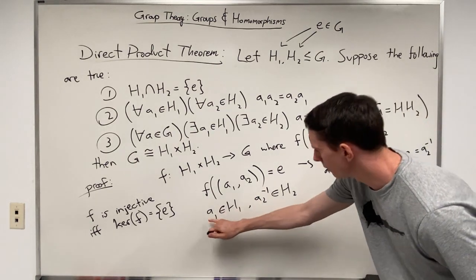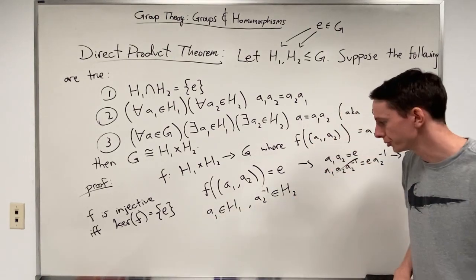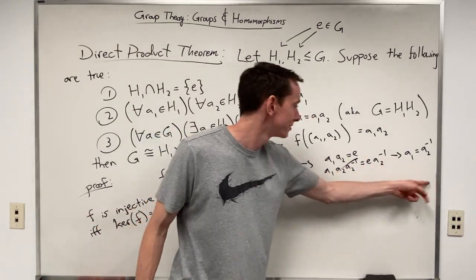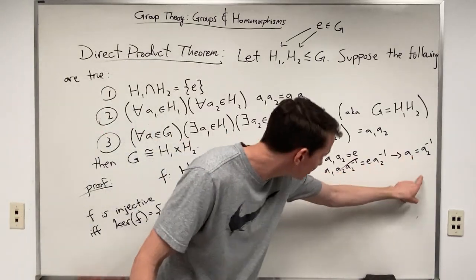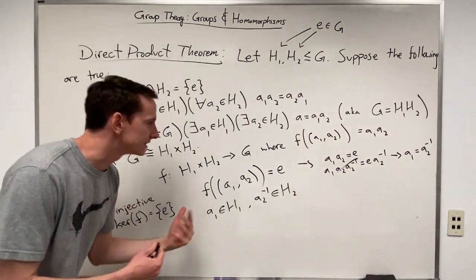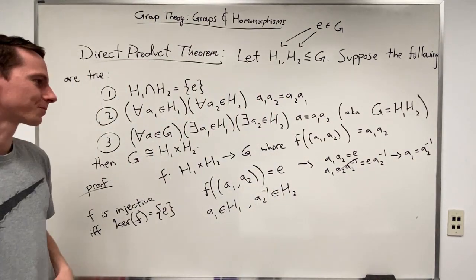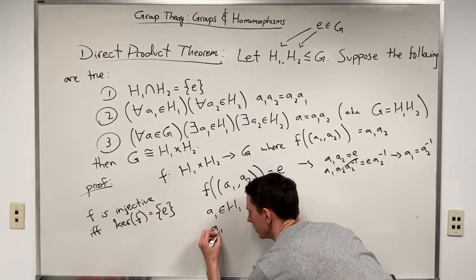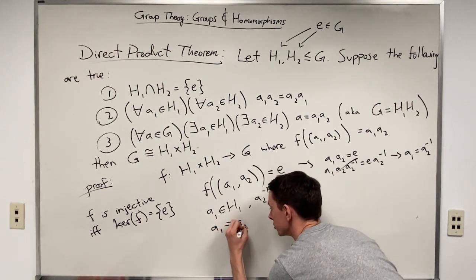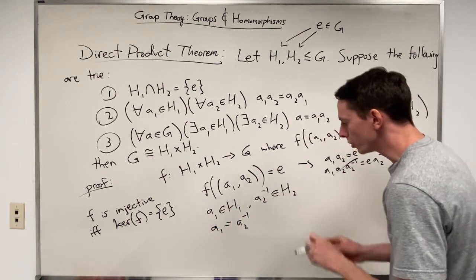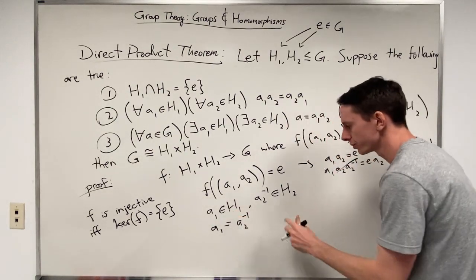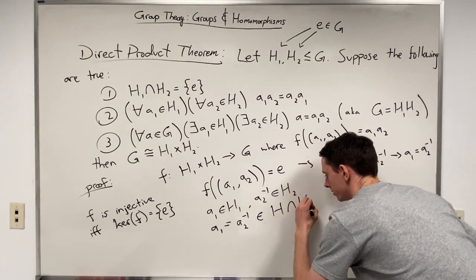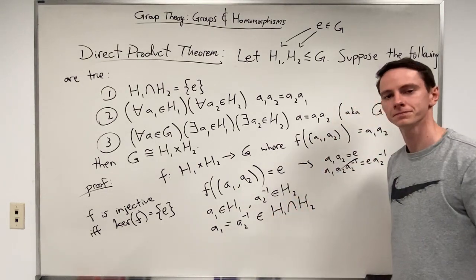And if a1 is in H1, a2 inverse is in H2, and we know that they happen to be the same element, that's what we showed right here, that a1 is equal to a2 inverse, then whatever we call this element, whether we call it a1 or a2 inverse, if it's in this group and it's in this group, another way of saying that is that it is an element of the intersection of the two groups, H1 and H2.